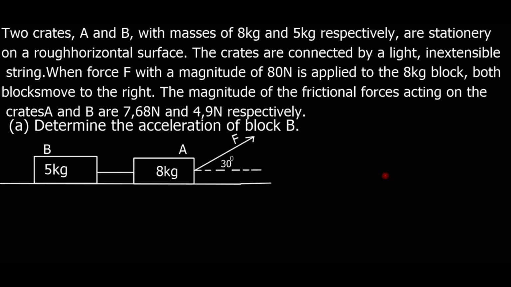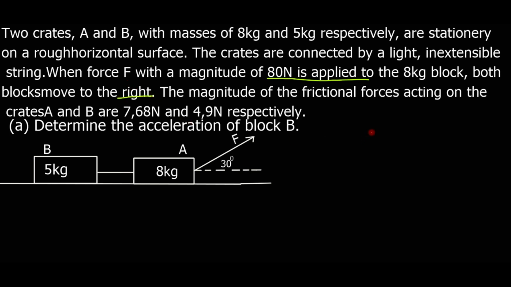This one is two crates A and B with masses of 8 kilograms and 5 kilograms respectively, stationary on a rough horizontal surface. The crates are connected by a light inextensible string. When force F with a magnitude of 80 newtons is applied to the 8 kilogram block, both blocks move to the right.